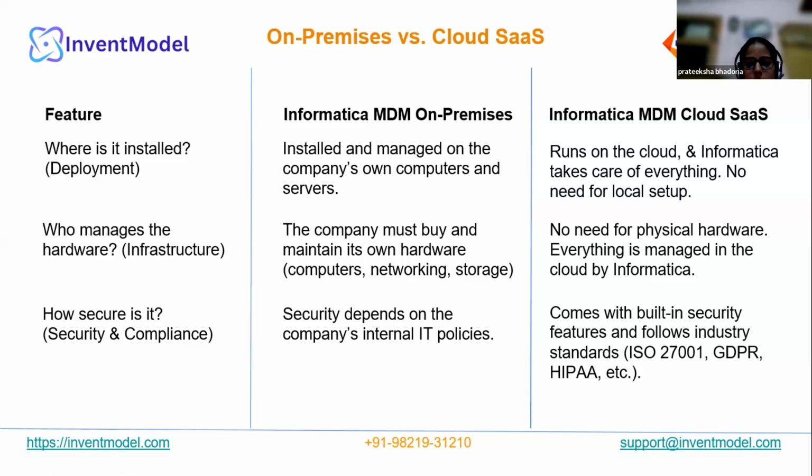So it differs from organization to organization how they handle all this. But Informatica MDM Cloud SaaS comes with built-in security features and it's on the cloud. They have certain standards that everybody follows, as mentioned: ISO 27001, GDPR, and HIPAA.